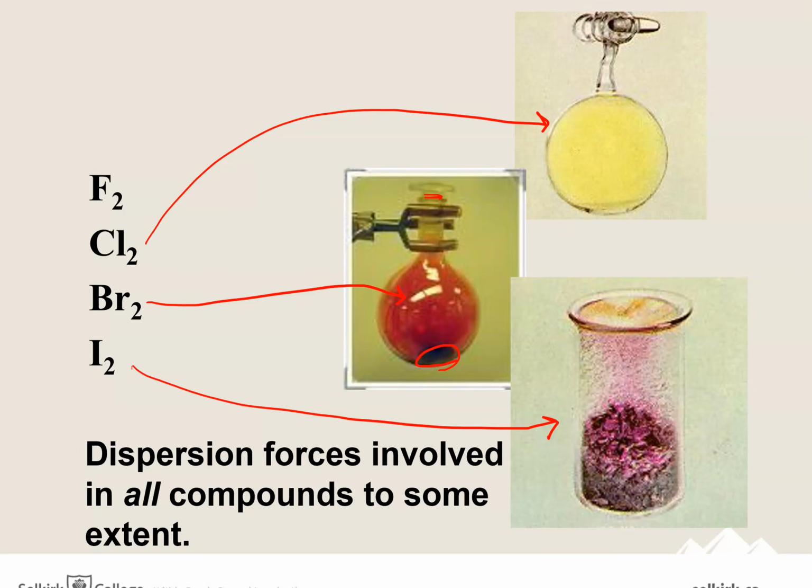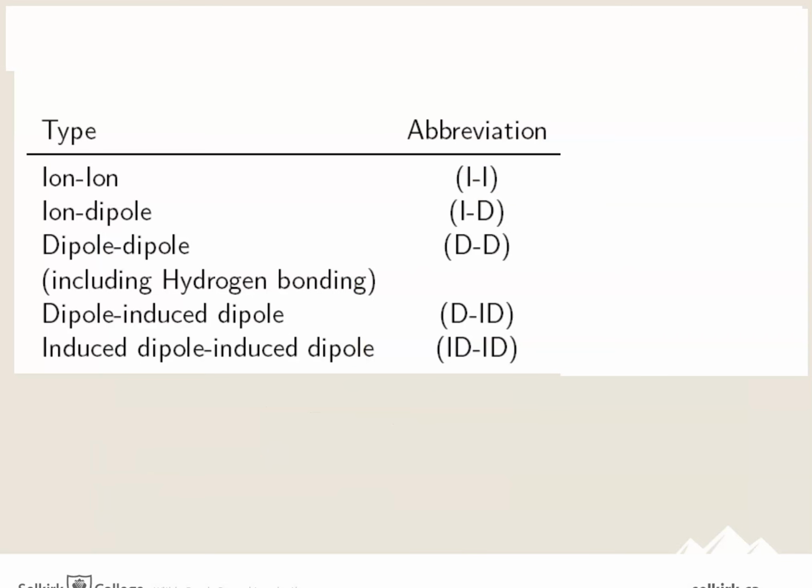All right, here's a little summary. From the strongest to the weakest, we can have attraction between fully charged ions, an ion-ion interaction, or an ionic bond.